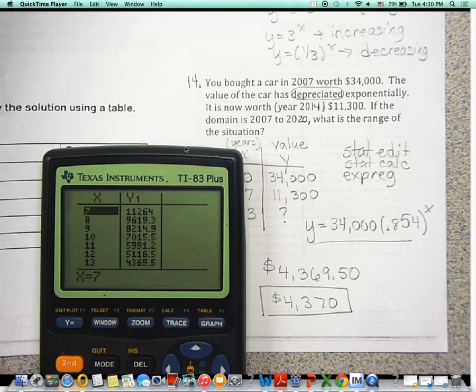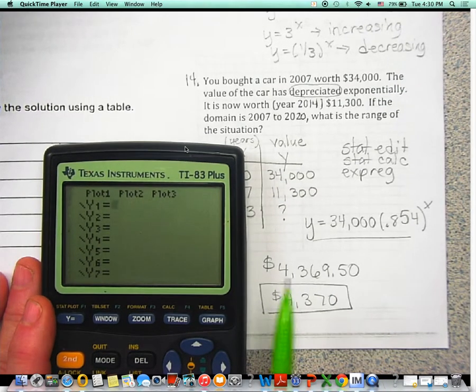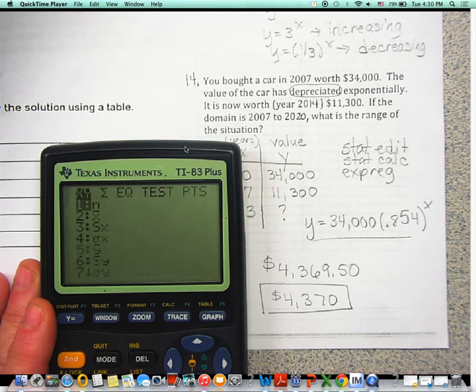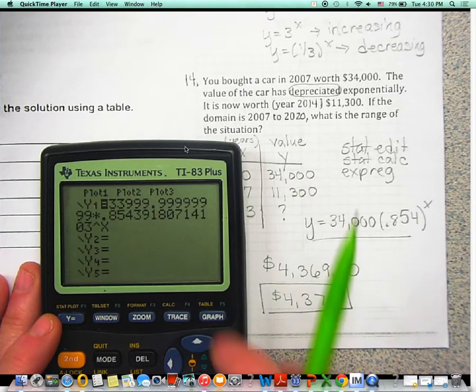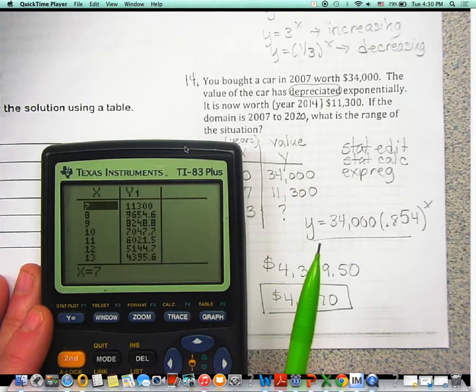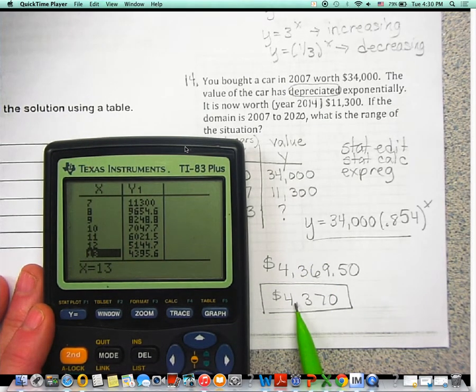0.854. If you didn't round, one way to do that is to do VARS and then statistics, EQ, regression equation, and it's going to put that equation in there. Okay, and then we'll go to the table and look up 13, and it's $4,395.